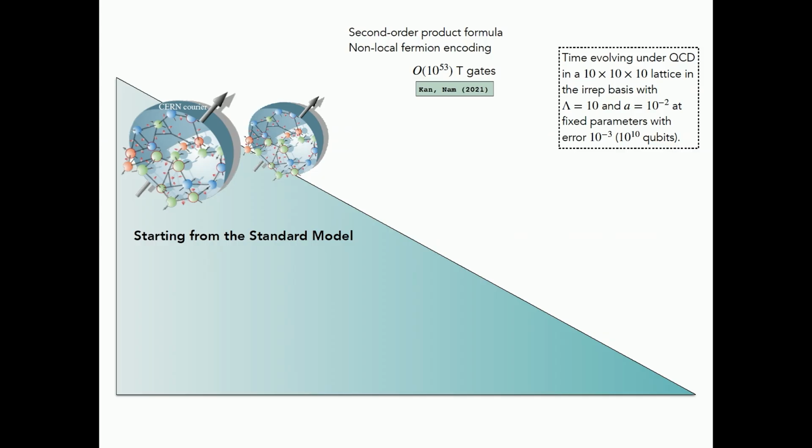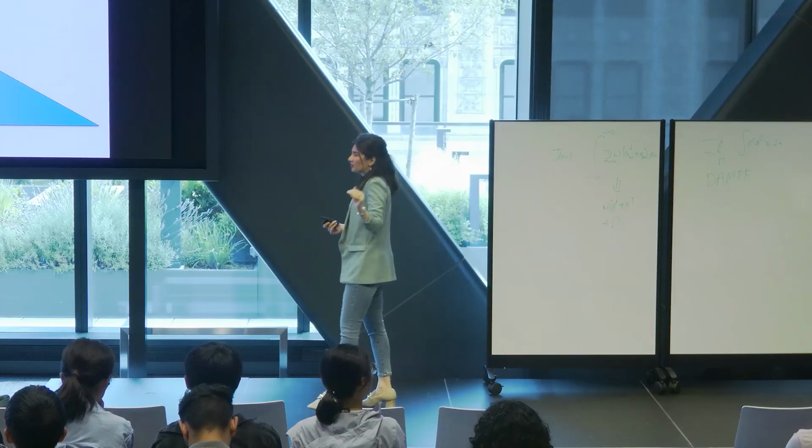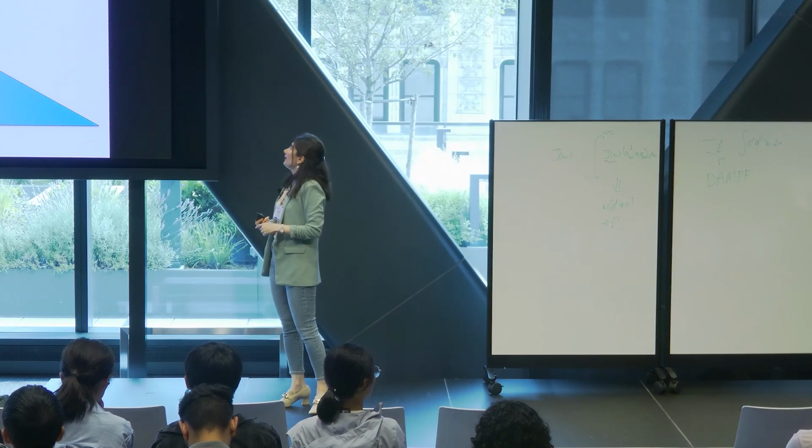So let's just focus on that and think about time evolution under this strong interaction Hamiltonian in a small lattice, 10 by 10 by 10. And let's look at the electric field basis and set a cutoff of 10 on the electric field values, whatever that means in this SU(3) field theory, it doesn't matter.